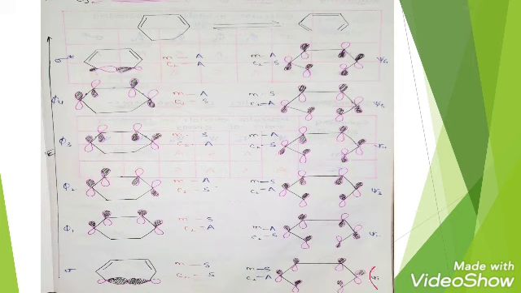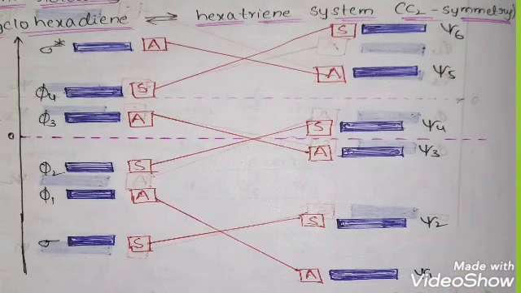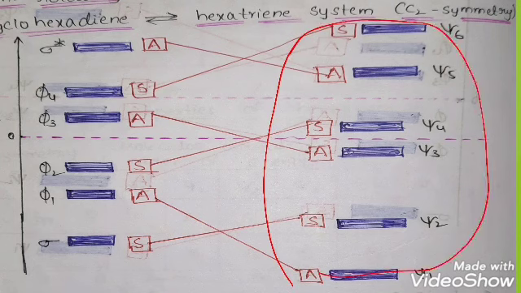In this, psi 1 is antisymmetric with respect to C2, psi 2 is symmetric, psi 3 is antisymmetric, psi 4 is symmetric, psi 5 is antisymmetric, psi 6 is symmetric with respect to C2 axis, which is represented here.